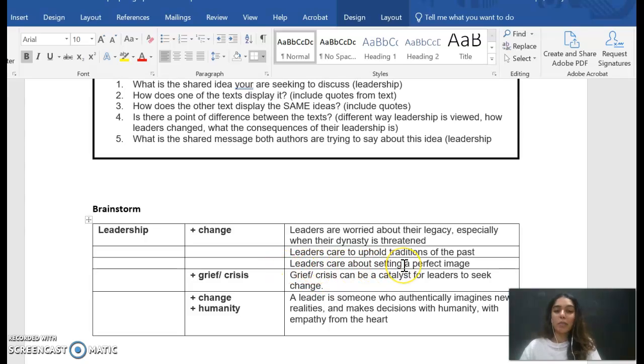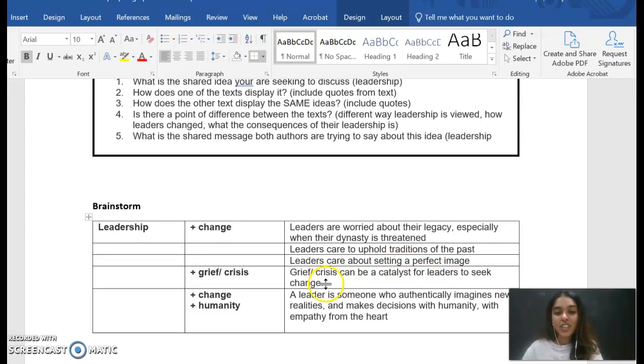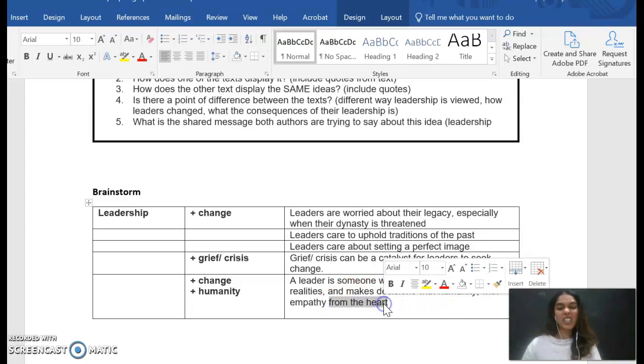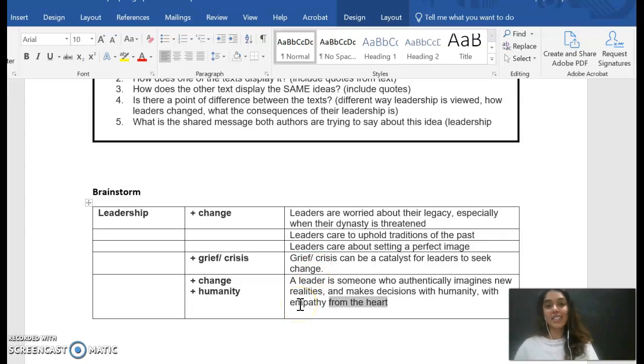Leaders care about setting a perfect image. Grief or crisis can be a catalyst for leaders to seek change. And a leader is someone who authentically imagines new realities and makes decisions with humanity, with compassion, or from the heart. That's a little bit jumbled, but then again, it's my brainstorm. These are the ideas I want to try and talk about.